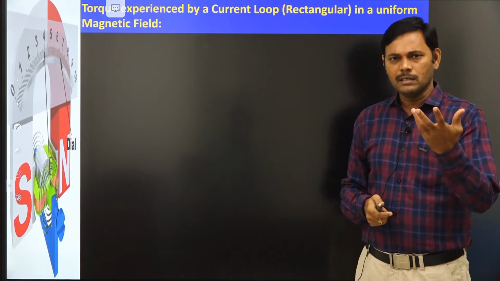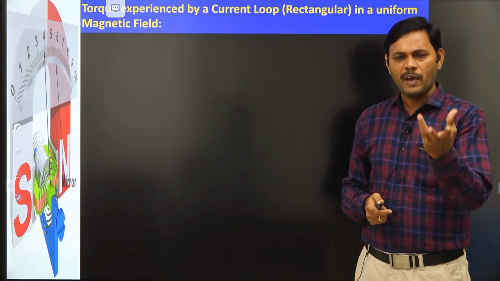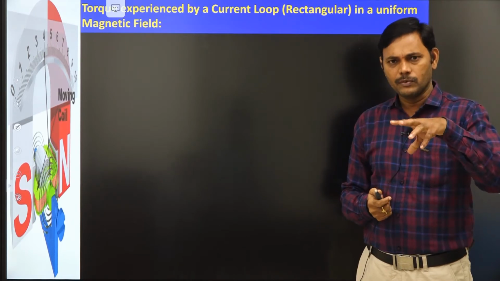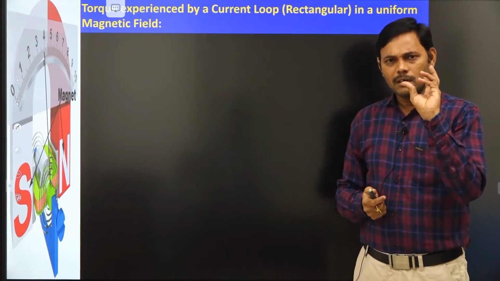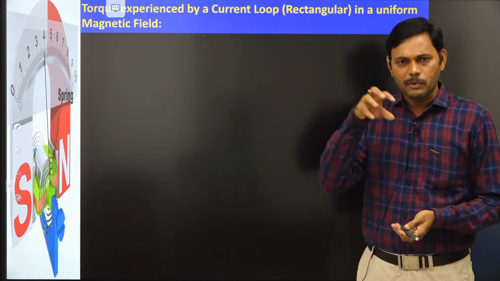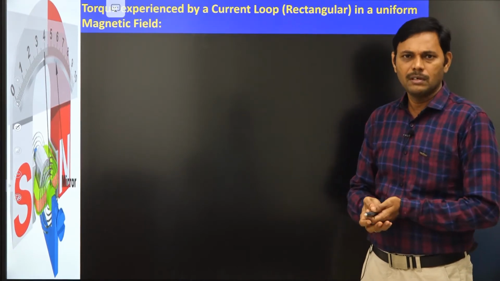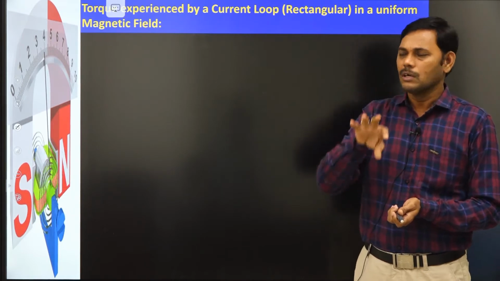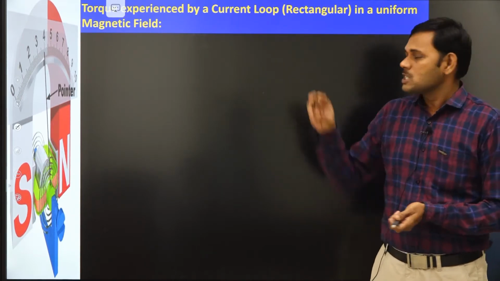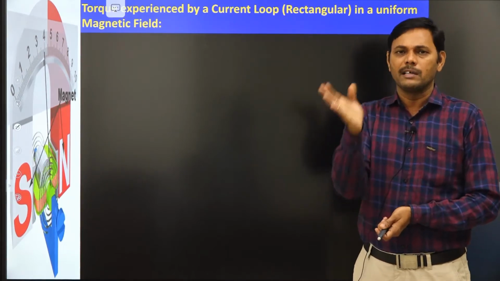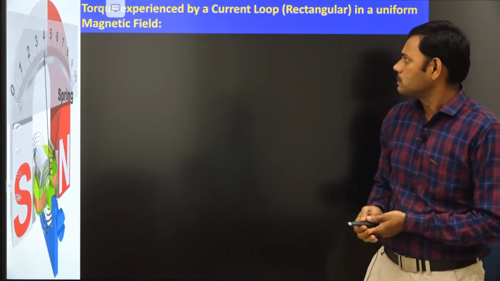As I explained, we use a fan throughout the day. Fans are equipped with a current carrying coil kept in a uniform magnetic field, it experiences torque so that the fan rotates. All motors also have the same principle, and this principle is also used to prepare the moving coil galvanometer, which is then converted to an ammeter and voltmeter.